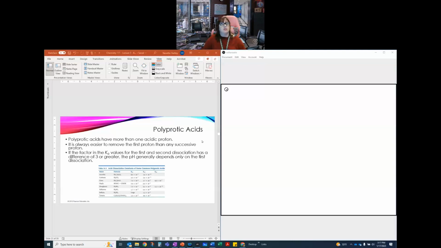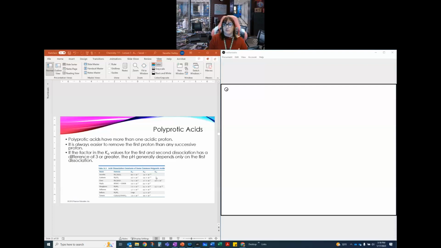We also need to be able to talk about polyprotic acids. And one of the things we talked about previously is that not all acids have only one proton. They have multiples. So things like carbonic acid, it's H2CO3, and so there are 2 protons that it can donate. When that happens, you'll see that there's a table like this that contains more than one K value.